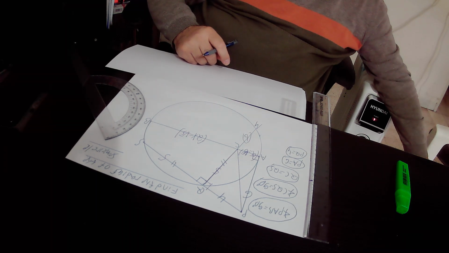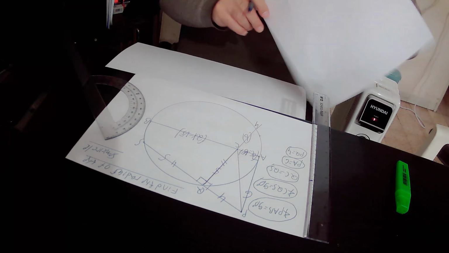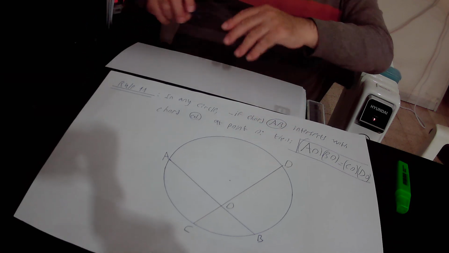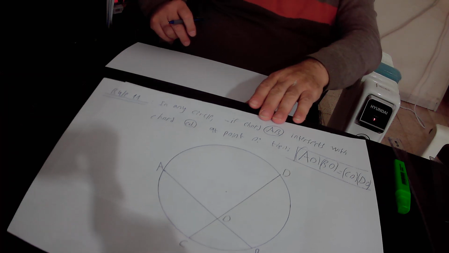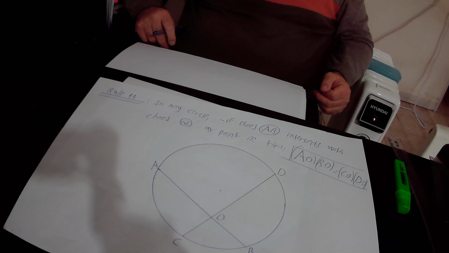The new rule is rule number 11. According to rule number 11, in any circle, if chord AB intersects with chord CD at point O, then AO times OB equals CO times DO.